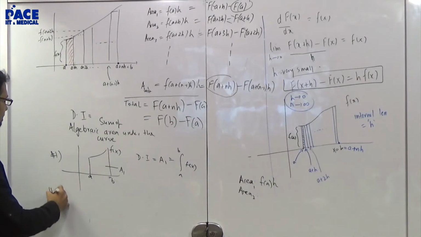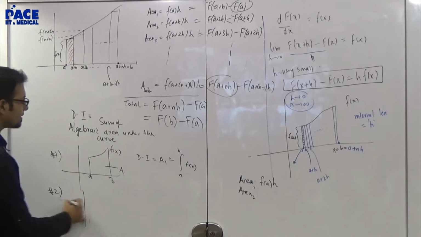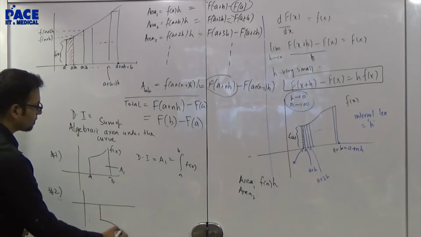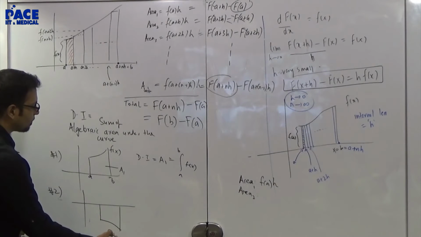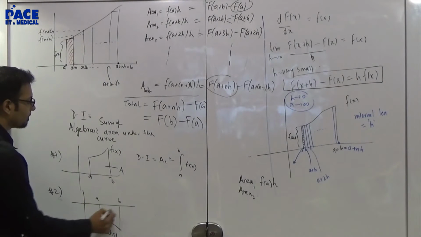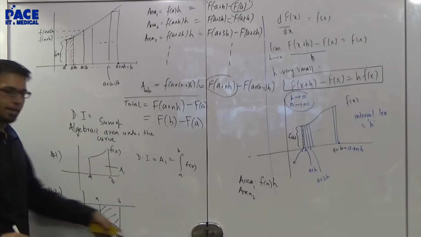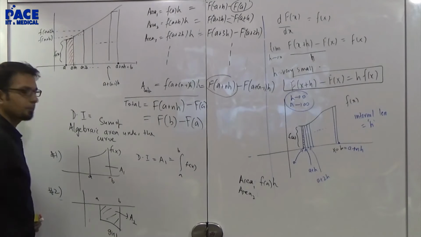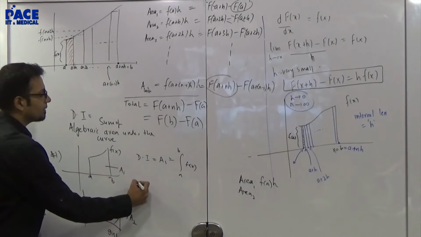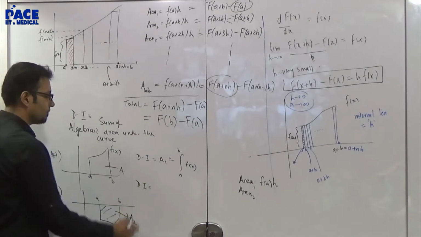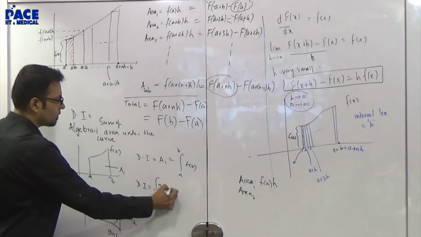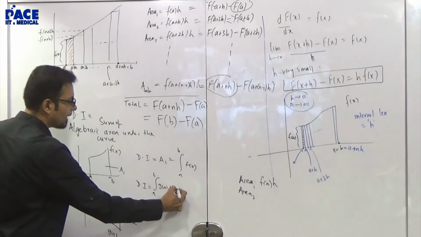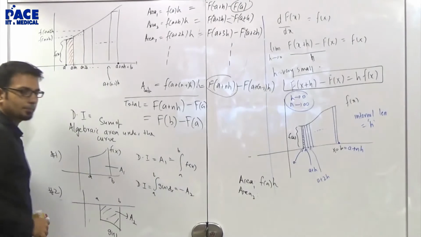But suppose your function is negative. Suppose this is my g of x, going from a to b, and g of x is negative, it's below the axis. Let's call this area A2. The definite integration, which is integral of g of x from a to b, will actually be negative of A2.